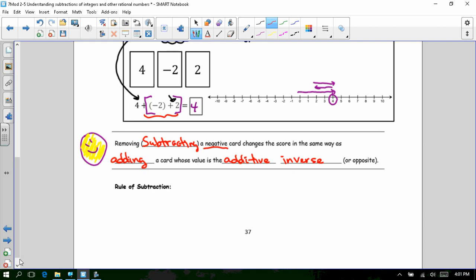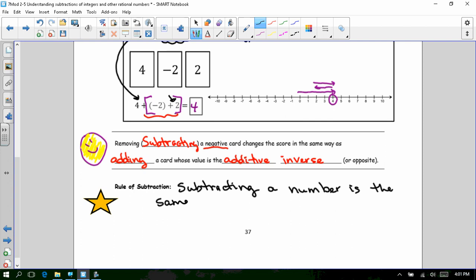The rule of subtraction, bottom of page 37. Again, super important that we know this rule. Okay, super important that we get this rule. So, in other words, in this rule, subtracting a number is the same as adding its opposite.